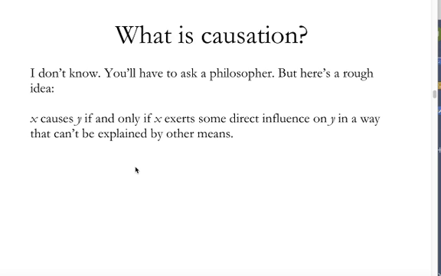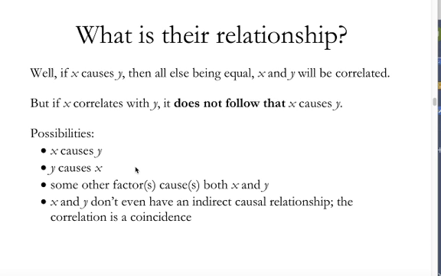We also all have an intuitive sense of what causation is. And the problem is the following. If X causes Y, then everything else being equal, we'd expect X and Y to be correlated, right? If storm clouds cause rain to fall, then we would expect, if we take measurements out in the world, the presence of storm clouds and the presence of rain will be correlated.